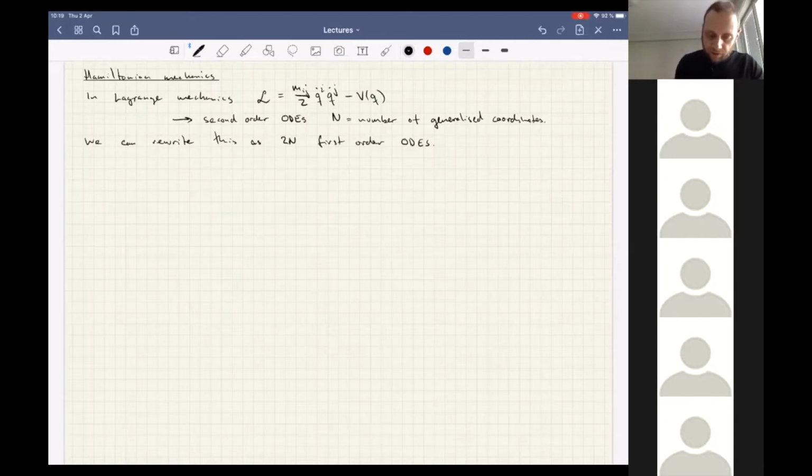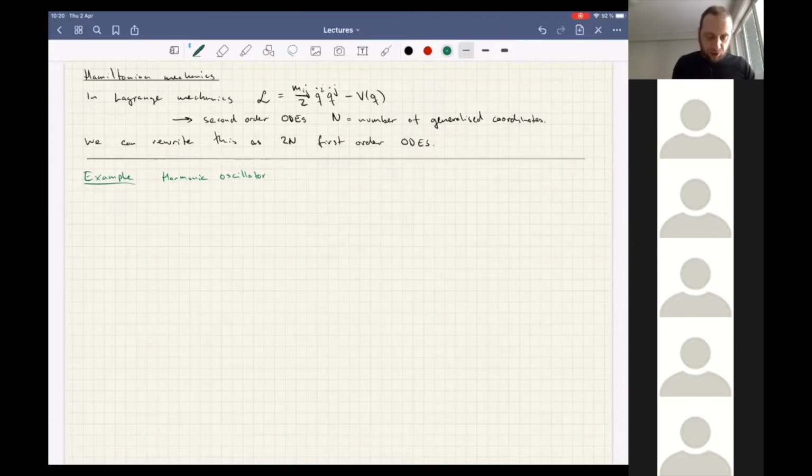Just to give an example of this, let's consider, every physicist loves the harmonic oscillator, right? So let's take that as an example.